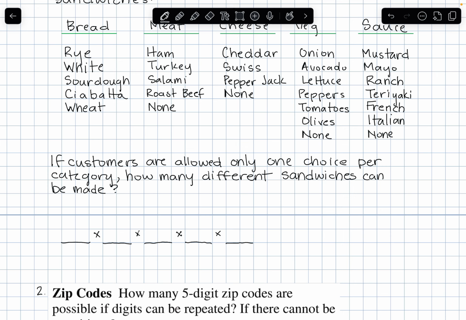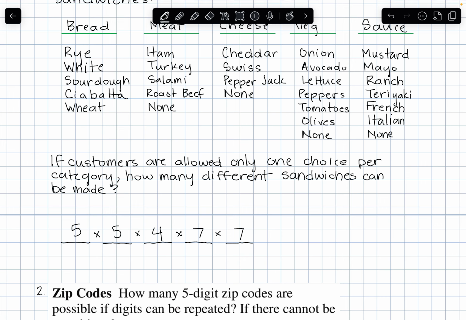That's my first choice for my sandwich. And I see that there's 5 options: rye, white, sourdough, ciabatta, or wheat. So 5 possible choices for bread. In the next column, I see 5 different options for the meat category, 4 for the cheese category, 7 for the veg, and 7 for the sauce.